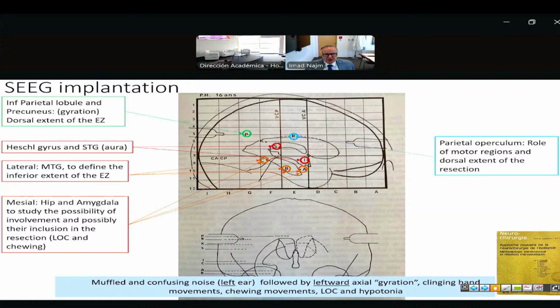Another electrode, further back, will be in the inferior parietal lobule and the precuneus, and this is to cover two things: the dorsal posterior part of the epileptogenic zone, and the gyratory movements, in which the precuneus could be playing a role. And last but not least, they put in an electrode in the temporoparietal junction.